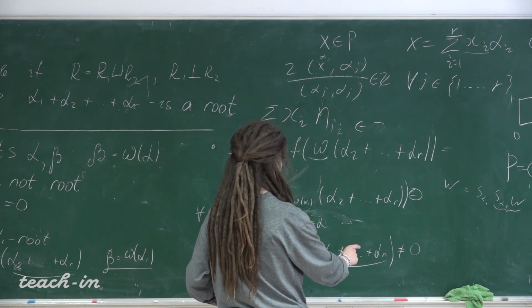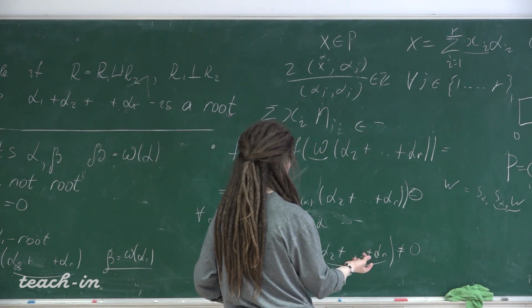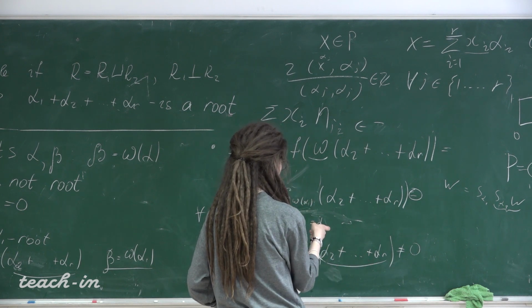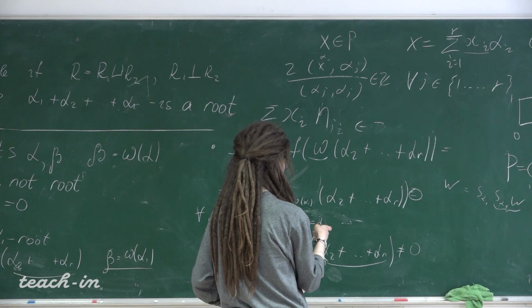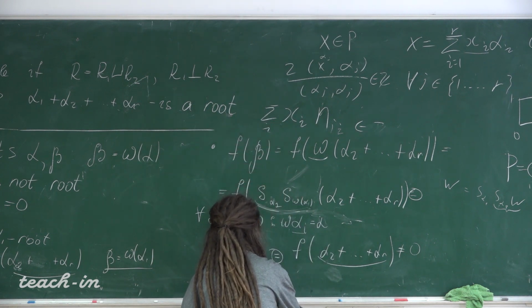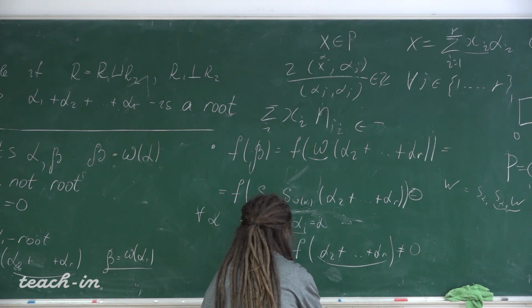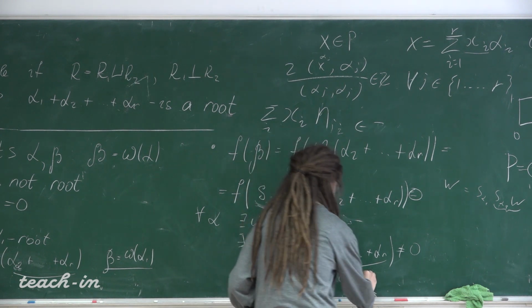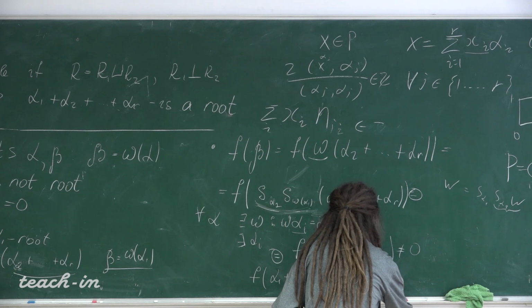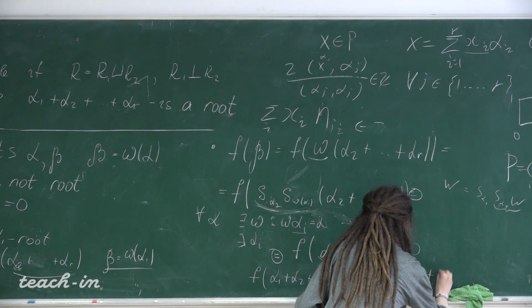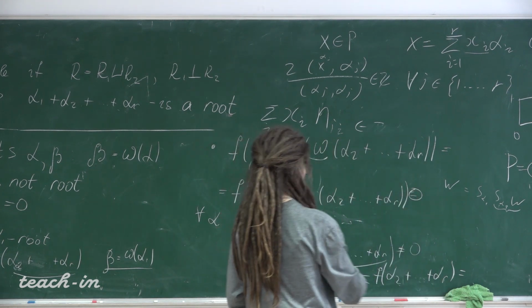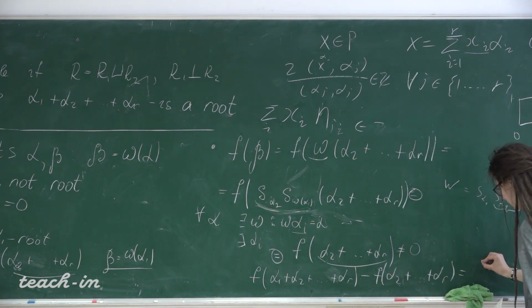Okay, so, second. If it's not 0, we can consider this, because the function is linear. It will be f of alpha 1.